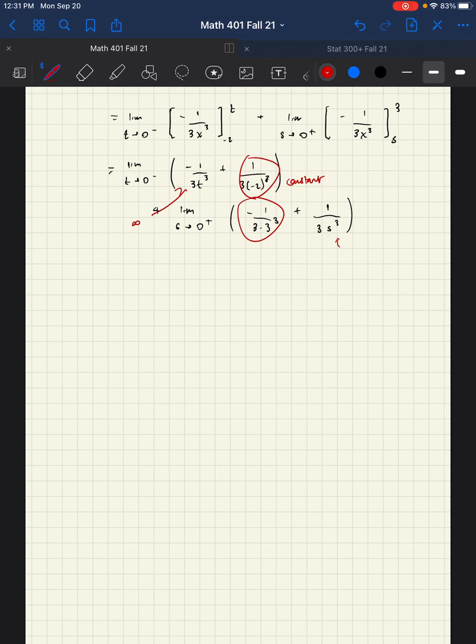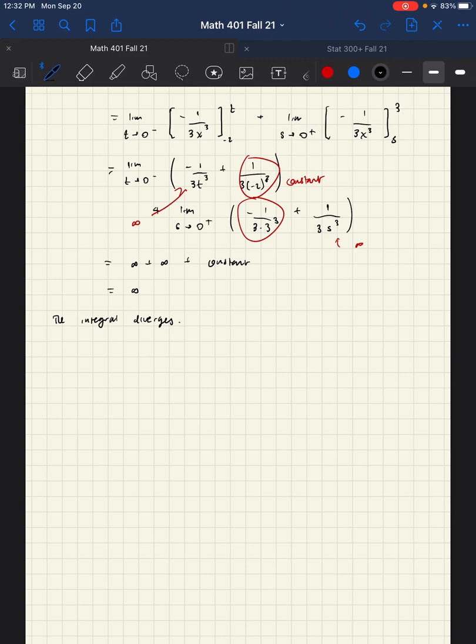Similarly, this one, as x approaches 0 from the right, gives positive values, so positive infinity. So this is not an indeterminate form, because we don't have infinity minus infinity. We have infinity plus whatever constant stuff we had. It's infinity, which means the integral diverges. Disappointing, but true.